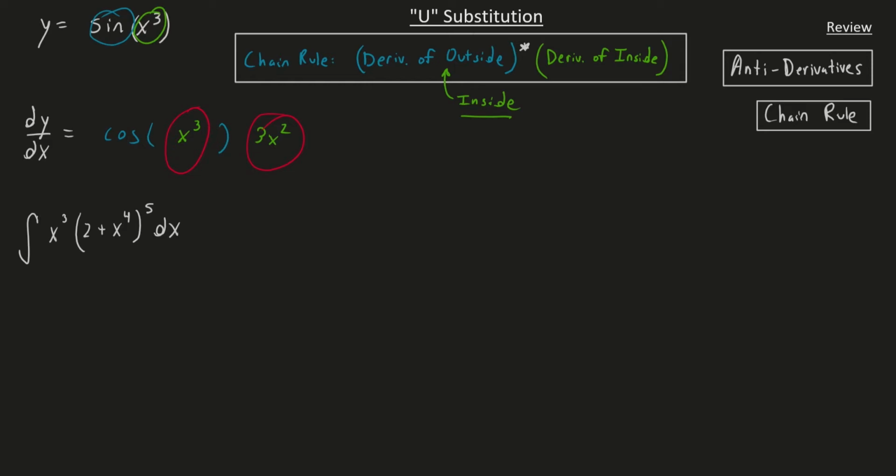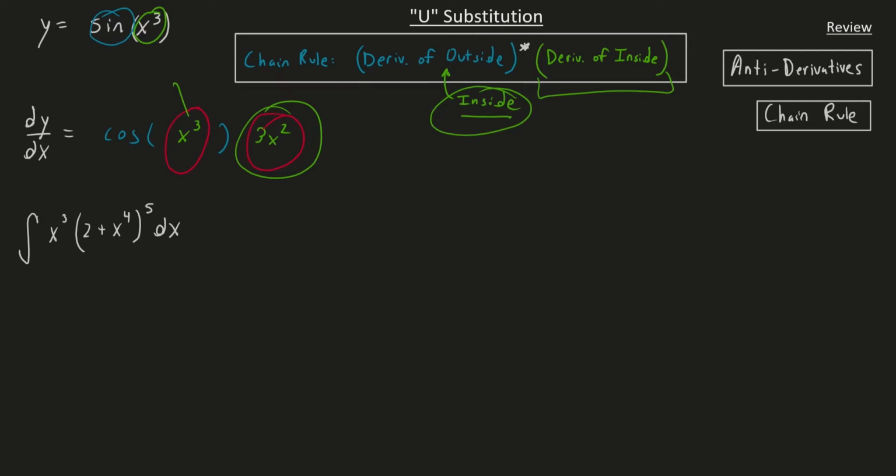So maybe I can use U-substitution on it, and we'll talk about why it's called U-sub in a second. Well, I know if I'm going to use U-sub, I got to be able to spot something that looks like an inside somewhere, as well as the derivative of that inside elsewhere, getting multiplied somewhere.